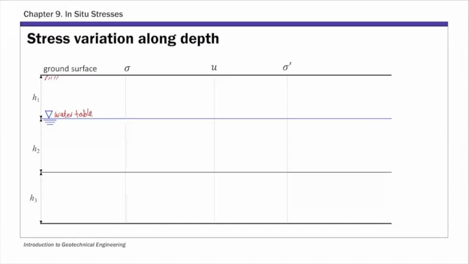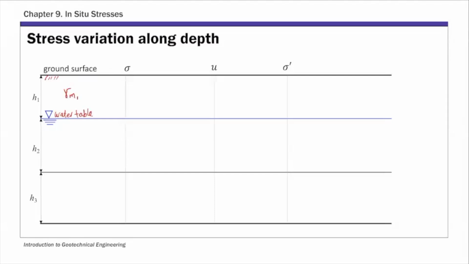We're also going to look at different soil layers, so I'm going to assign different unit weights to different layers. Above the groundwater table, I'm going to assign a moist unit weight I call gamma M1. Sometimes people like to use dry unit weight, but more often the natural soil is moist, even if it's above the water table.